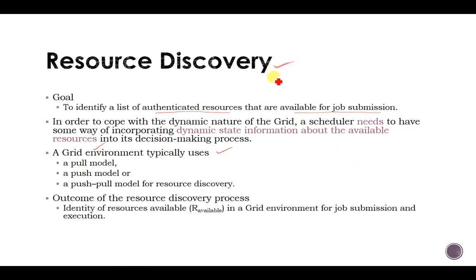After you perform the resource discovery process, the outcome is the identified resources available, represented by R available, in the grid environment for job submission and execution. So we understand the goal of resource discovery, its outcome, and the different methods to get this outcome. Let us discuss them one by one, starting with the pull model.